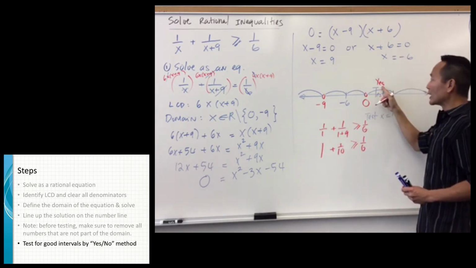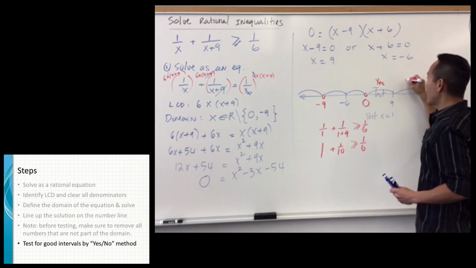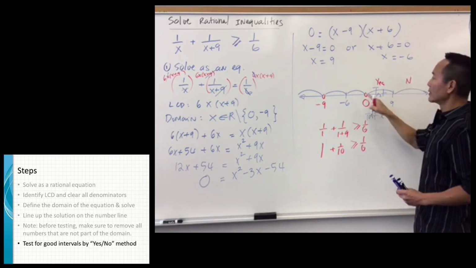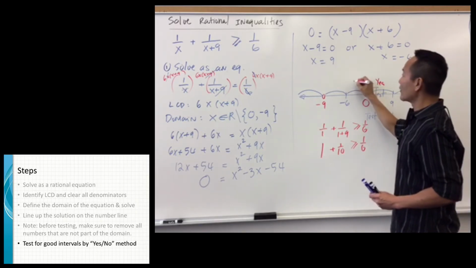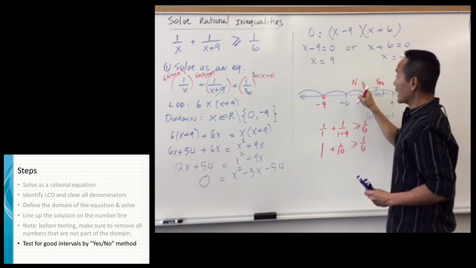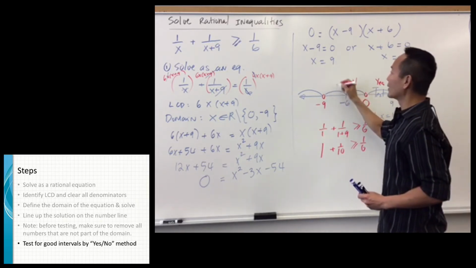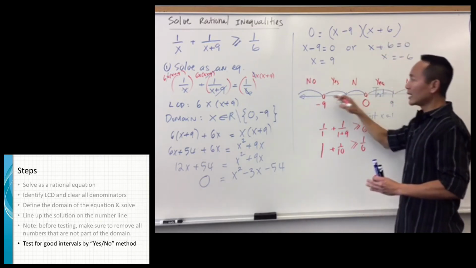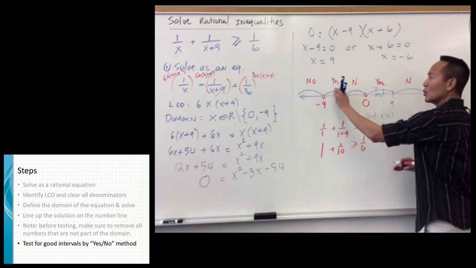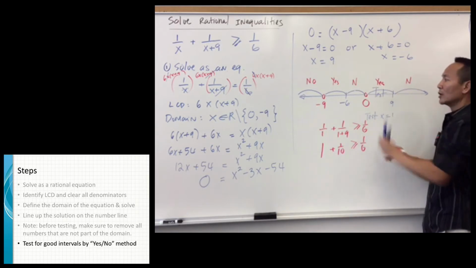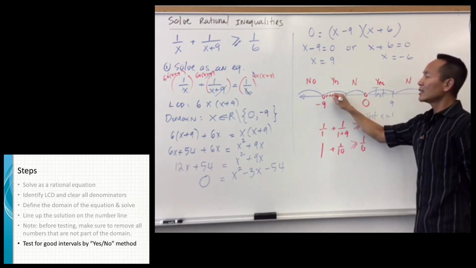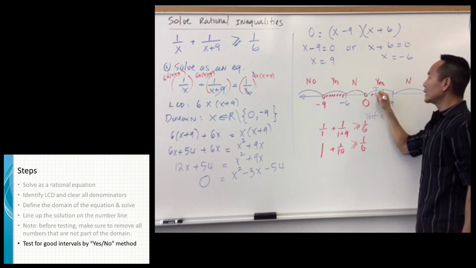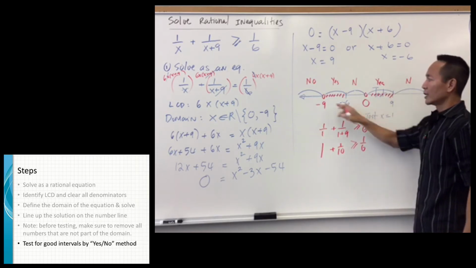If this interval is yes, the next one would fail. No good. If this fails, this would pass. Yes. And no. And you see it alternating: no, yes, no, yes, no. So these yes intervals are good.